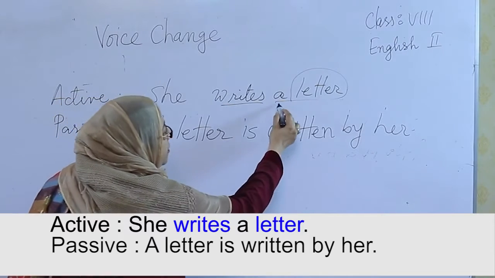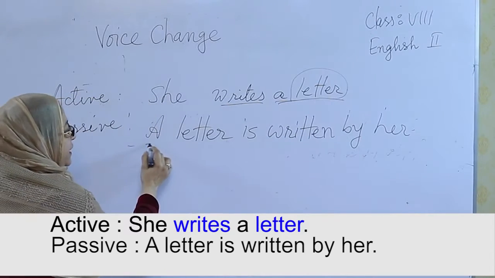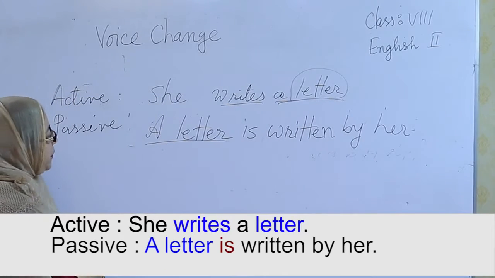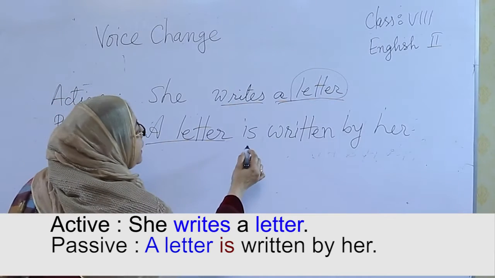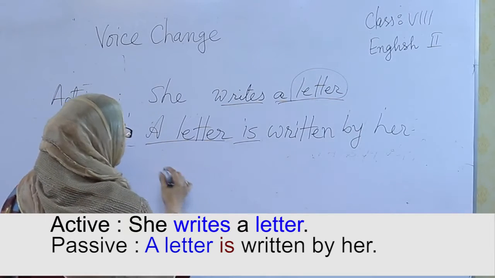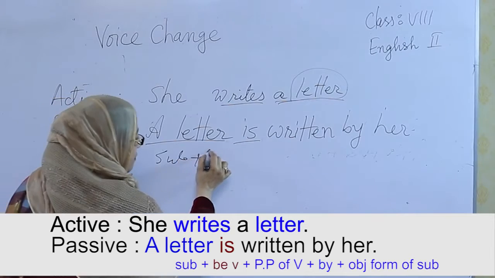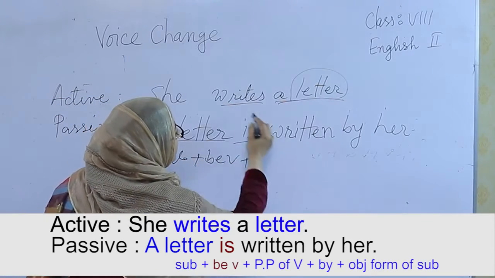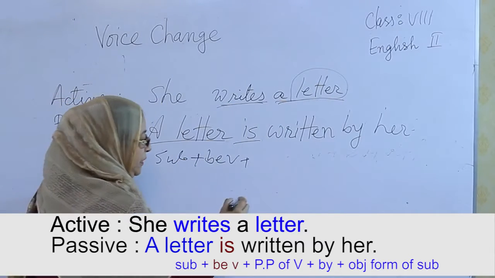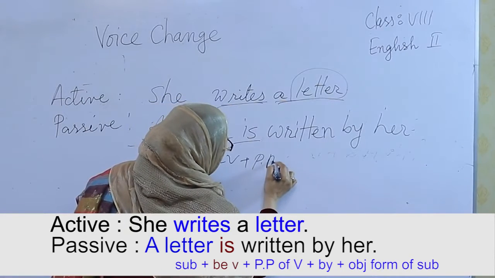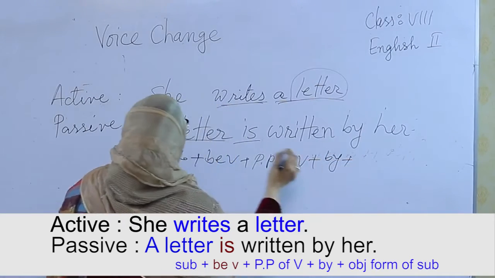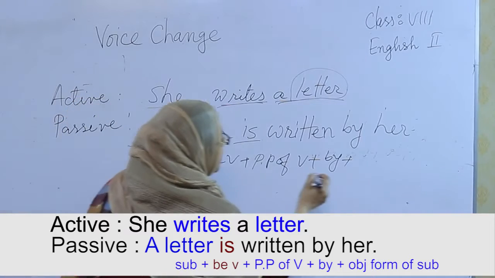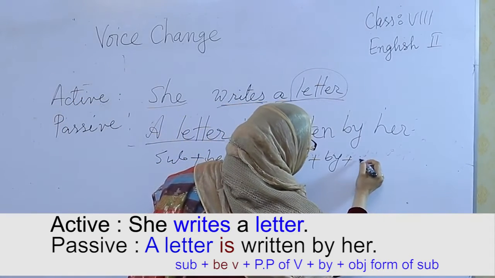The object of the first sentence, a letter, becomes the subject of this sentence, and then I write the be verb: subject plus be verb plus the past participle form of the main verb, plus by, then the objective form of the subject.